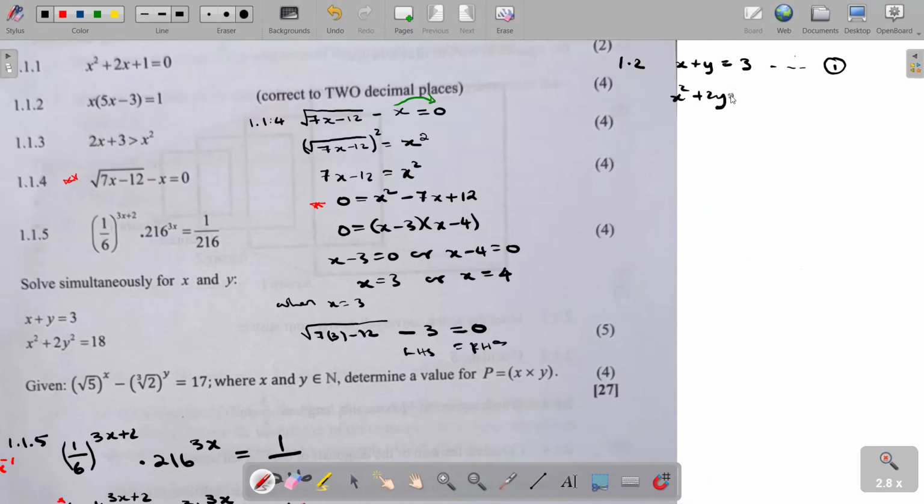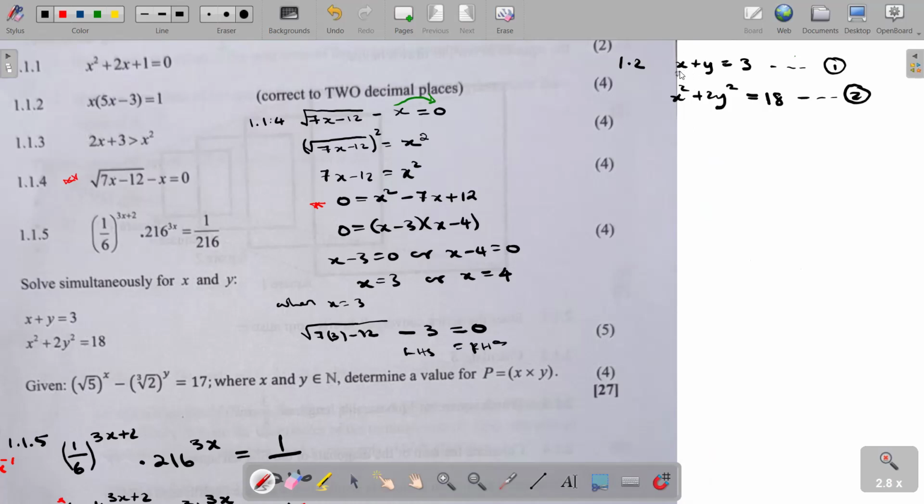2y squared equal to 18. This becomes equation number 2, but you have to make sure that using one of these equations, which is the simpler one, you make one variable the subject of the formula.